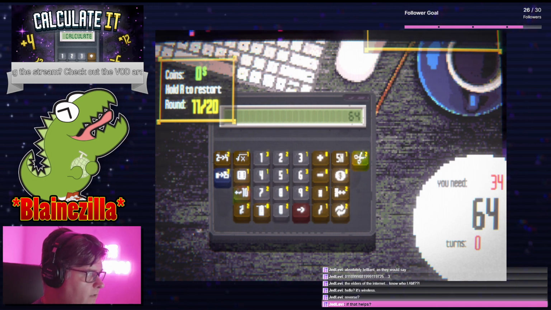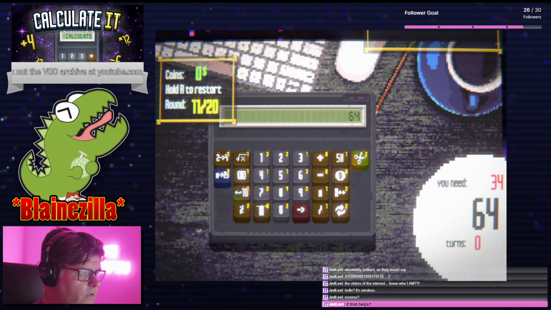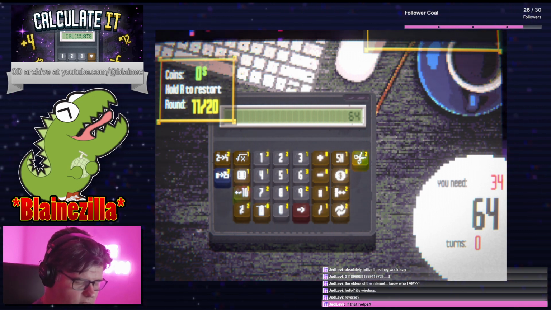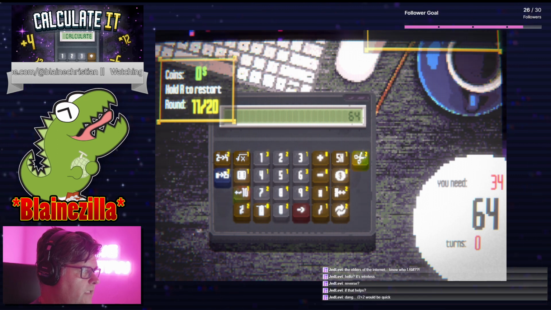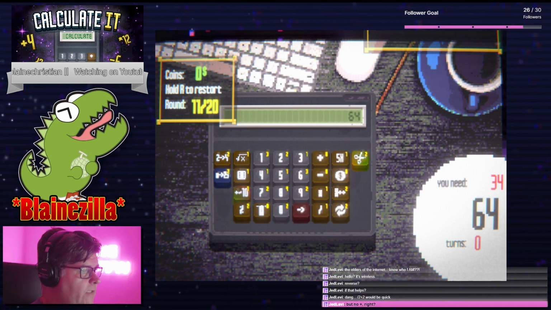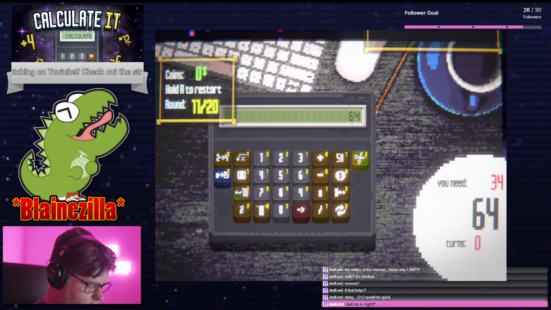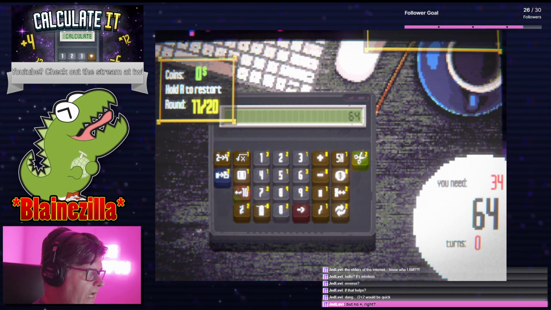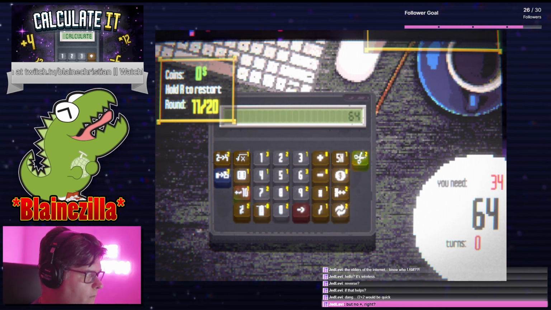I'm going to mark these as button presses with a little dot. So one button press gets us to 4 and 64, and then a button press of the square root gets us to need 4 and have 8, but we don't have any pluses. So that's two button presses gets us to have 8, need 4.